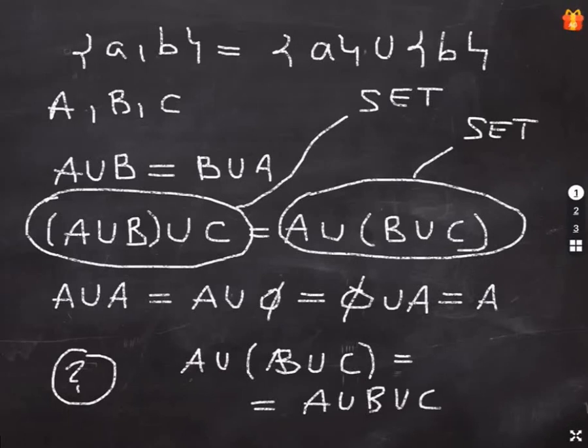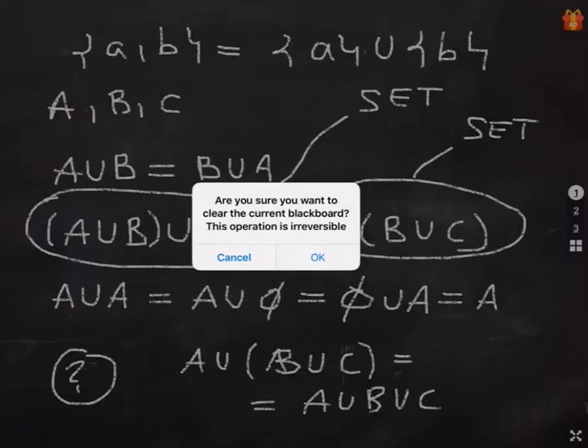Now, it is tempting to identify the union with the addition for natural numbers. But it is not the same thing, right?